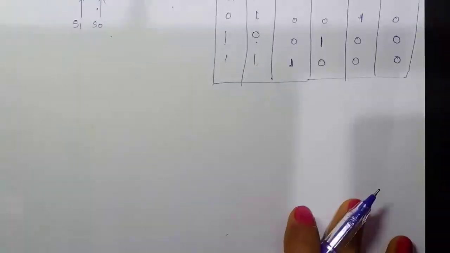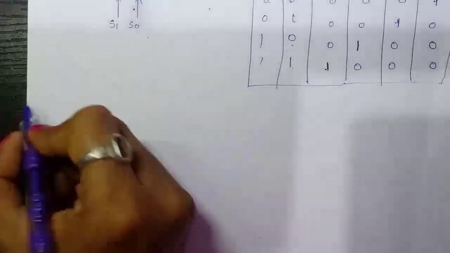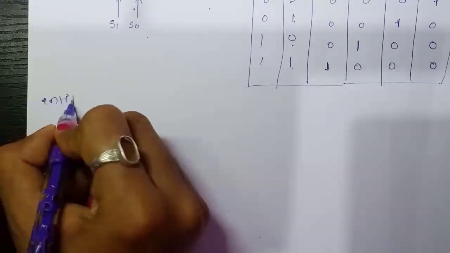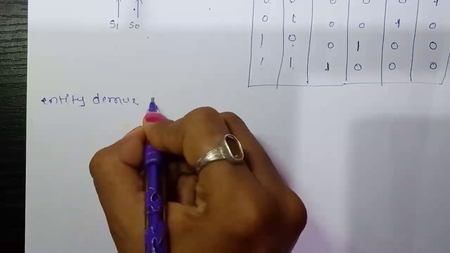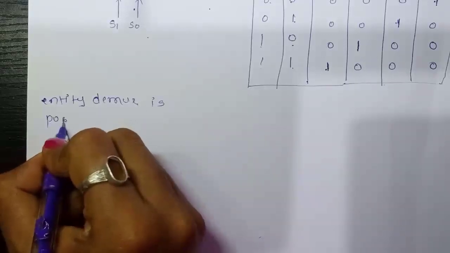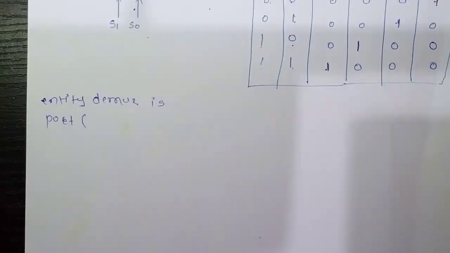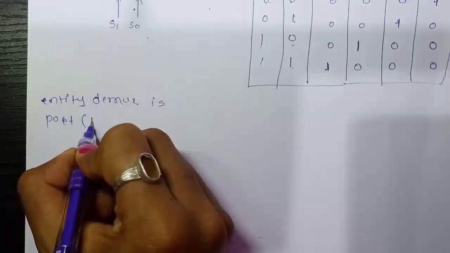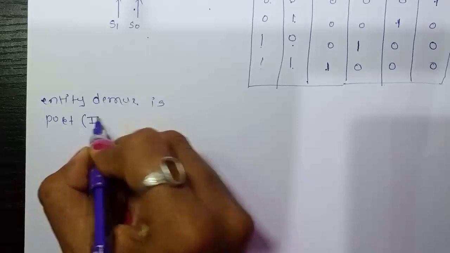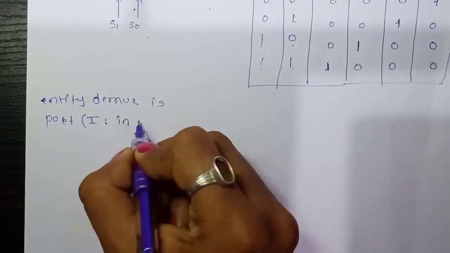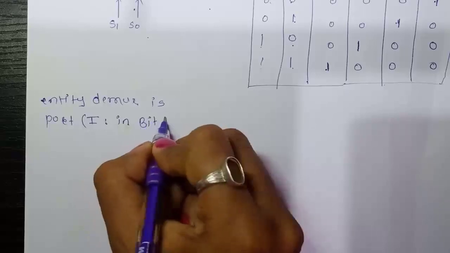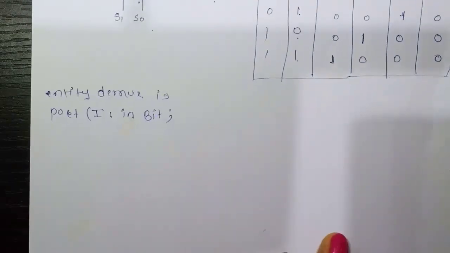Now the VHDL code for this demultiplexer. Again we have to declare the entity. The name of the entity is demux. Now we have to specify all our input and output ports. There is a single input, so I write here I colon in, because it is an input type of port, and the data type associated with it is bit.